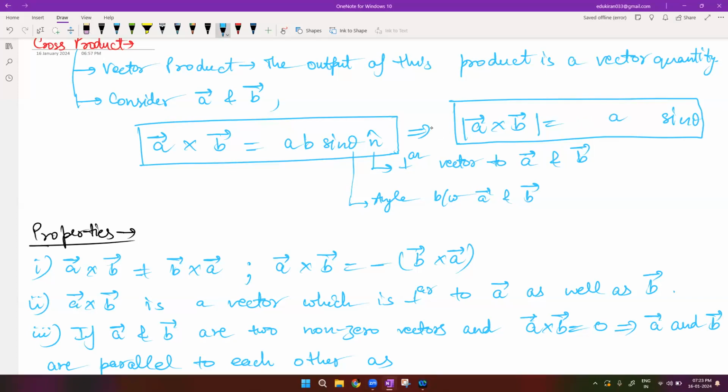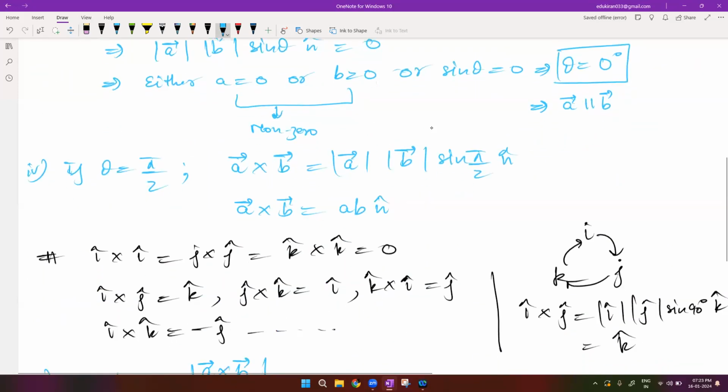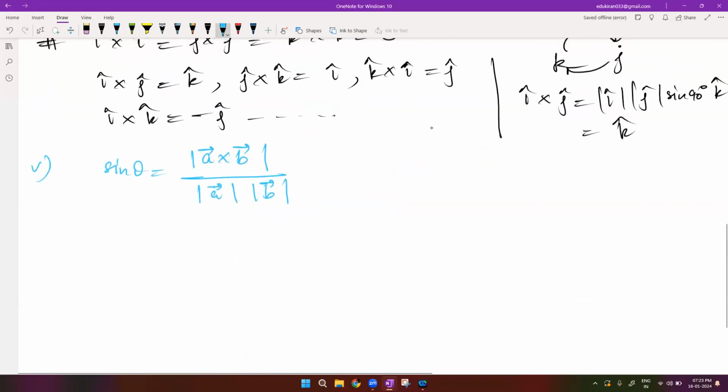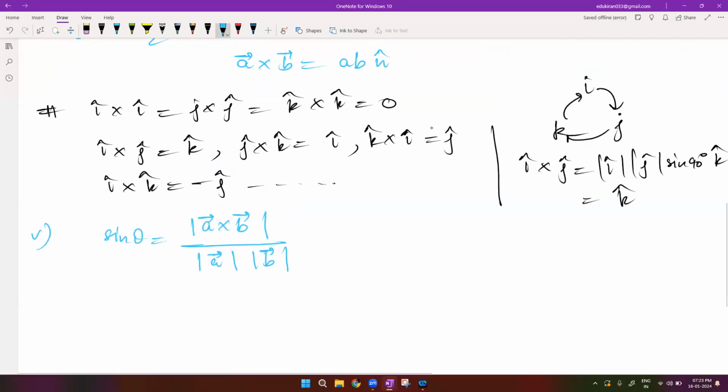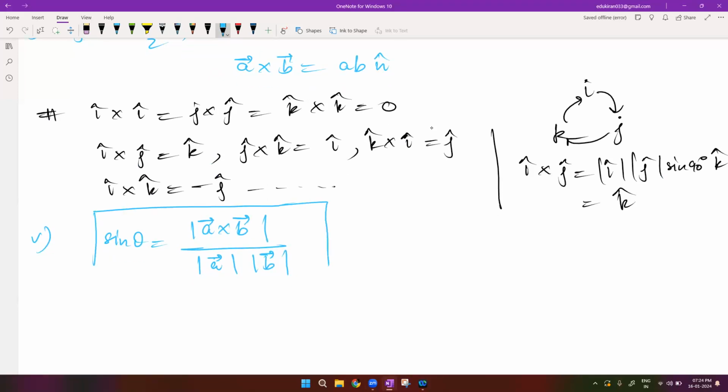Both of them are same. So using the same example, we can write this sine theta as magnitude of A cross B divided by magnitude of A into magnitude of B.